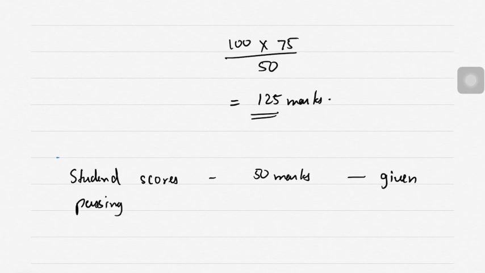Passing marks is 50 plus 25 because he failed by 25 marks, right? So 50 plus 25, 75 marks.